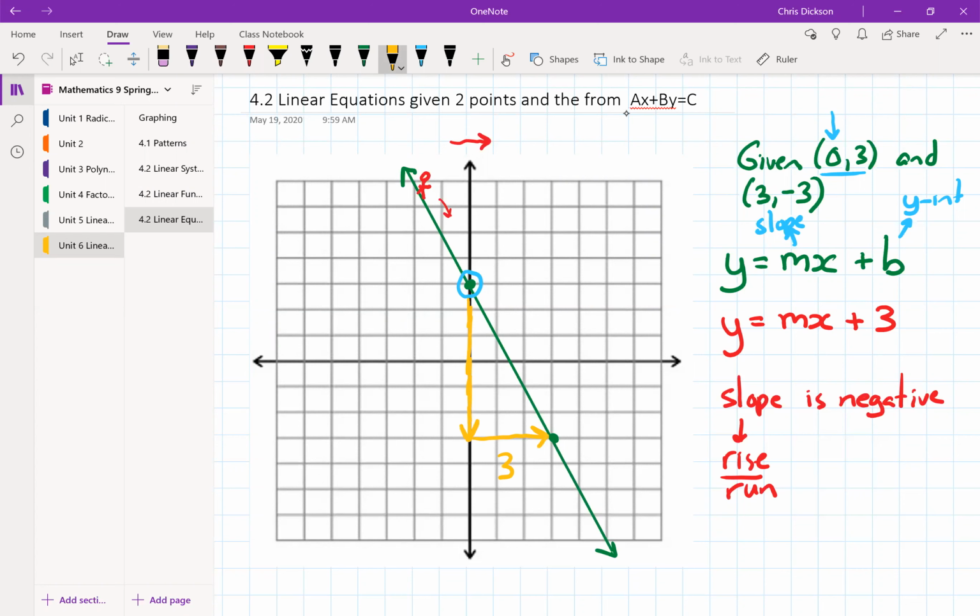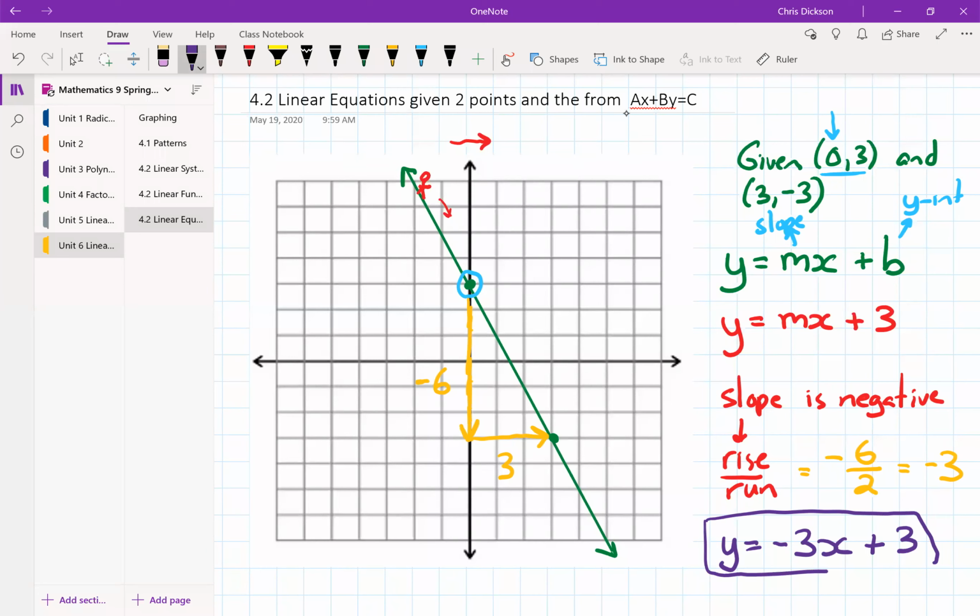Okay, and then from this would be 1, 2, 3, 4, 5, 6. So this here would be 6, but because it's going downwards, let's say negative 6 here. So basically, I go down -6, but I run 2. So if I divide those numbers out, I get -6 divided by 2, which is -3. So I now know the equation is y is equal to -3, that's my m value, x plus a y-intercept of +3.